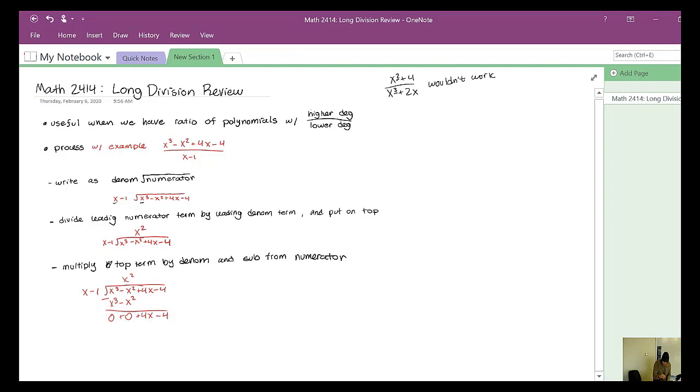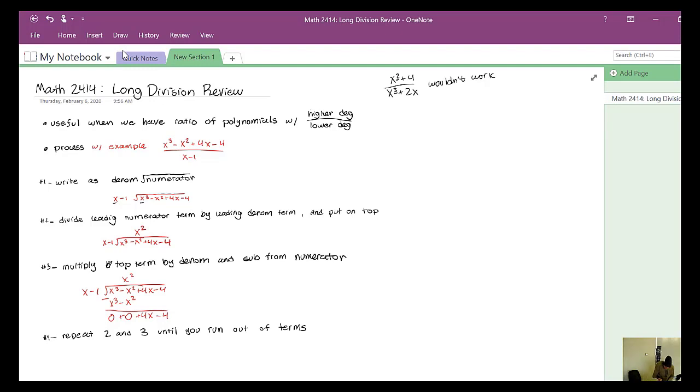Cool. And from here, we're just going to keep repeating that process until we factor the numerator all the way down.